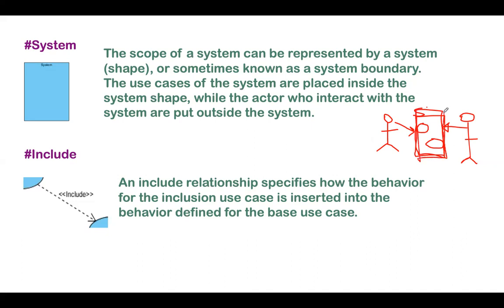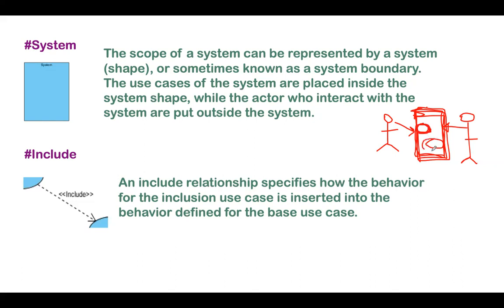It is the one that brings out the scope of the system. When we talk about the scope of the system, we are referring to what a system should offer, like the boundaries. The use cases of the system are placed inside the system shape because these are the ones placed inside the system boundaries.